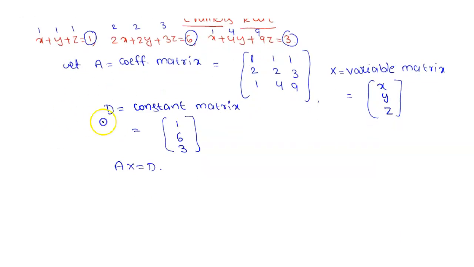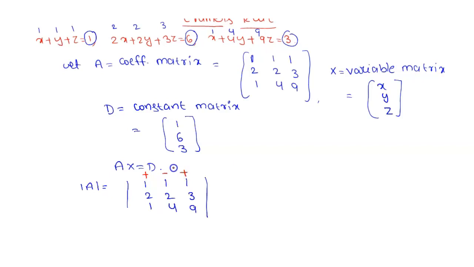So here first I am finding the determinant, det A. Det A is equal to, here I am writing in modulus form 1, 1, 1, 2, 2, 3, 1, 4, 9. When we are taking the determinant, we need to take the signs plus, minus, plus.